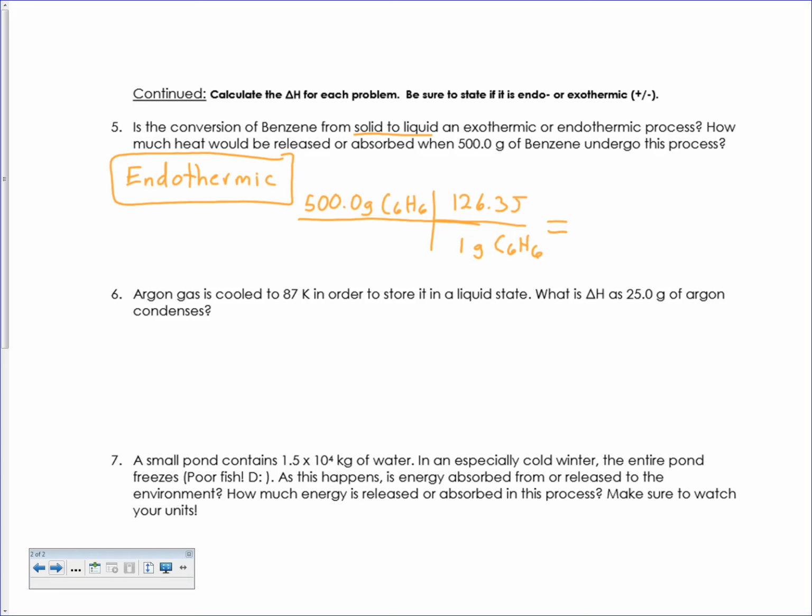Multiply those together, we get 4 sig figs here, if you look in this one, so it's 63,150 joules. This is positive because it's endothermic. Okay, so that is our delta H.